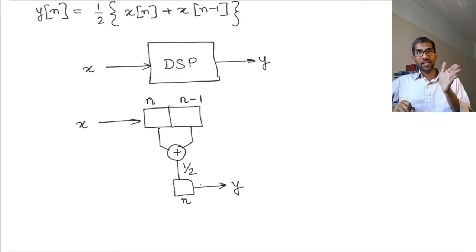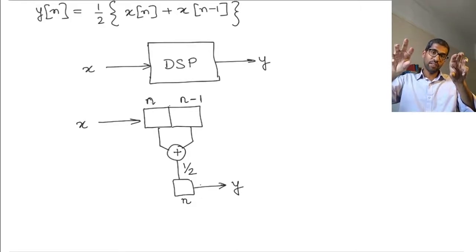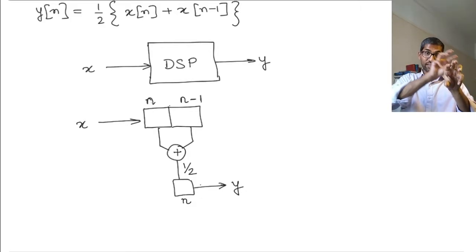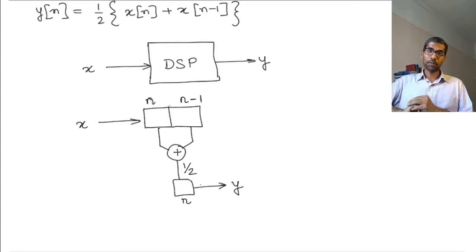So for every time instant, you take the value coming in at that instant and the input that came in the previous time instant, average them, and that is your output. So that's our system, and we want to analyze what kind of frequency domain characteristics the system has.